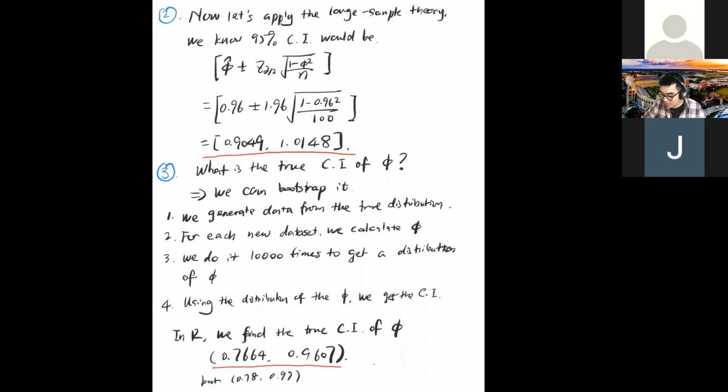And more importantly, both of them are very different from the large sample confidence interval, which we know is not correct in this small sample, non-normal error process setting. So the bootstrap confidence interval is very close, or in large samples, going to be equal to the true confidence interval of phi.